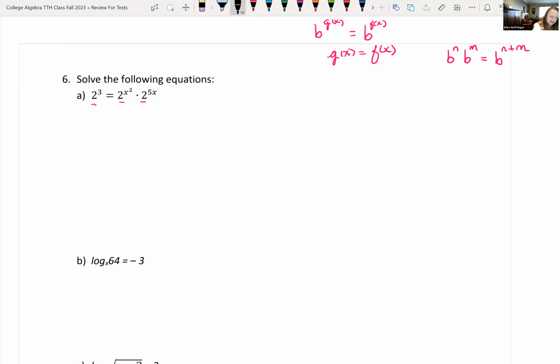So rewriting this equation, I would have 2 cubed equals 2 raised to the, using that rule of exponents, x squared plus 5x. So we manipulated the bases to be the same, so I can set the exponents equal to each other. So 3 has to equal x squared plus 5x.